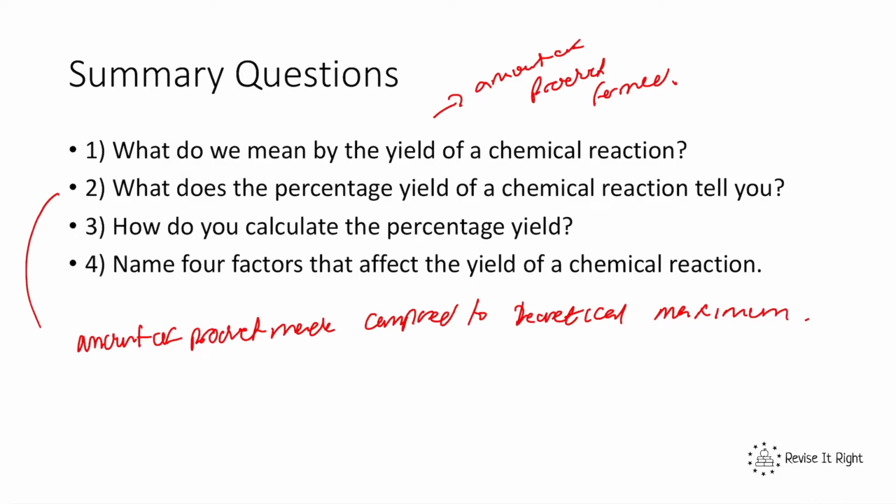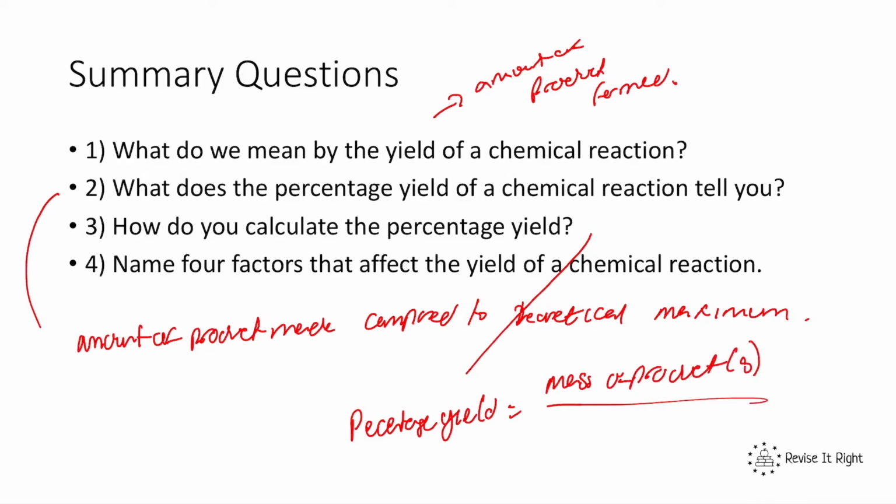How do you calculate percentage yield? Well, it's of course percentage yield is equal to the mass of product made in grams divided by the maximum theoretical mass of product times by 100.